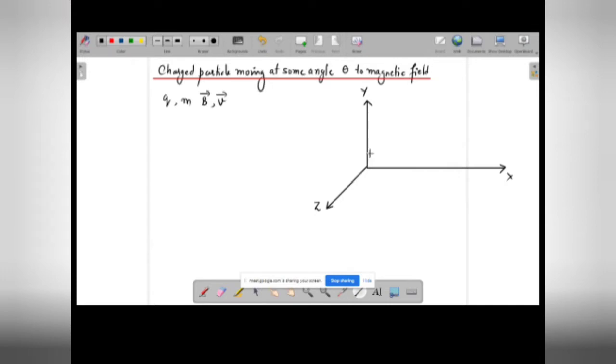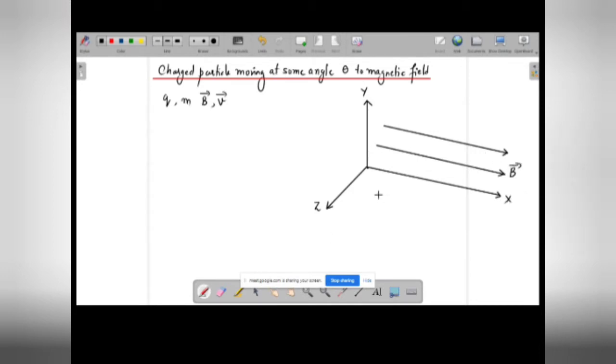I'll draw it a bit askew so that we can draw the trajectory. So the magnetic field is along the x-axis, something like this. This is my x-axis and this is my magnetic field.